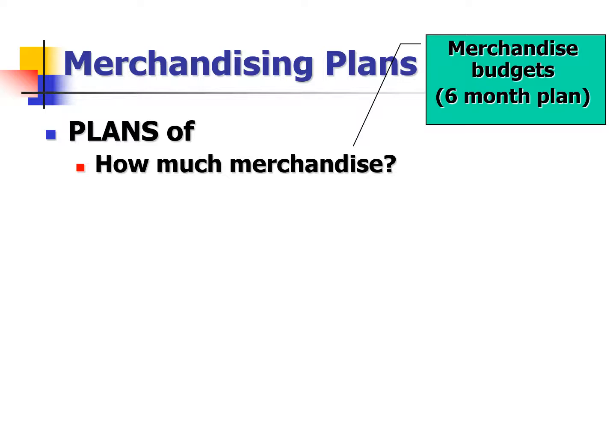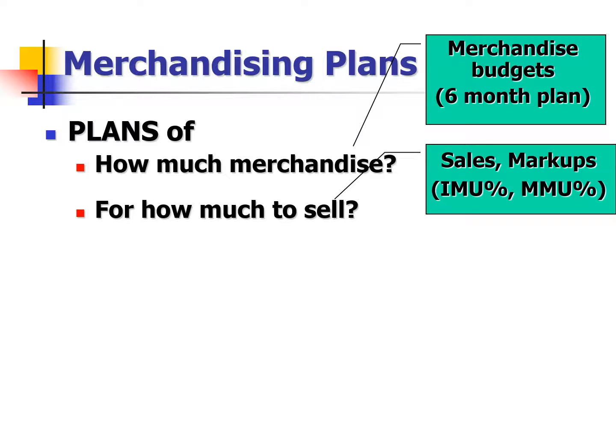That includes how much sales we have to make, how much inventory we need to keep, and how much purchase we need to make to support the sales and the inventory need. We do this for every month throughout the 6-month season. A season has 6 months, and we plan these things for each month. That's why we call it the 6-month plan, or sometimes the merchandise budget plan.